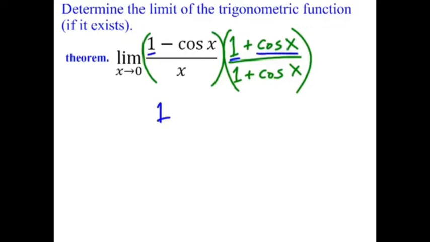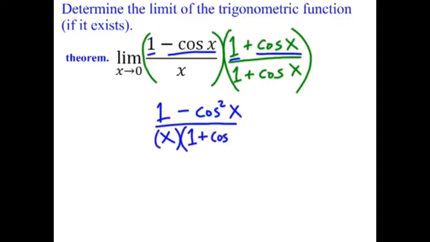Look at this: 1 plus cos x minus cos x together will be 1 minus cos square x, divided by x multiplied by 1 plus cos x, and here the limit will be set to x tends to 0.